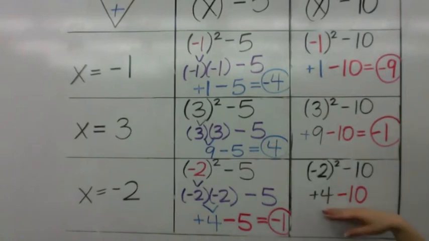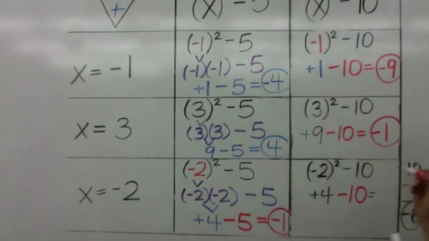Okay, do they have different signs? Yes. So you say different signs, subtract. Okay, subtract 10 minus 4. Keep the sign of the bigger number. The bigger number is negative. So 10 minus 4: 10, 9, 8, 7, 6. So the answer here is negative 6. Okay, go ahead and get that down.